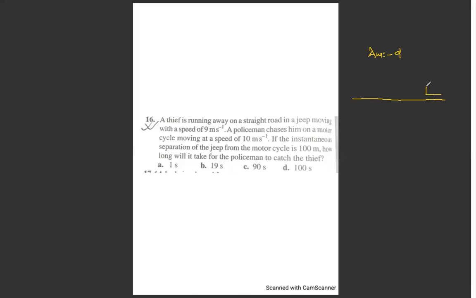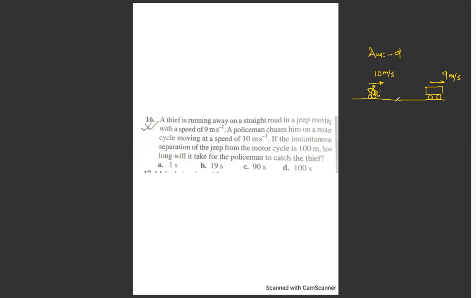Of course, that means the thief is ahead of the policeman. So the motorcycle is chasing with a speed of 10 meters per second, and the thief is running away with a speed of 9 meters per second.